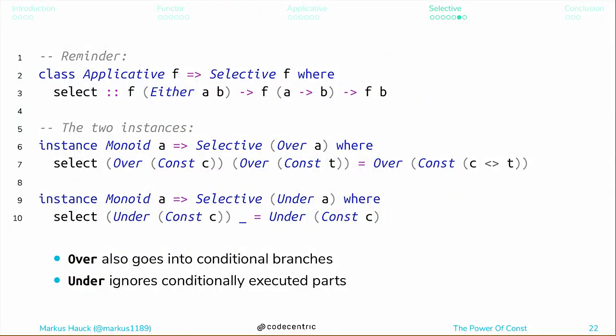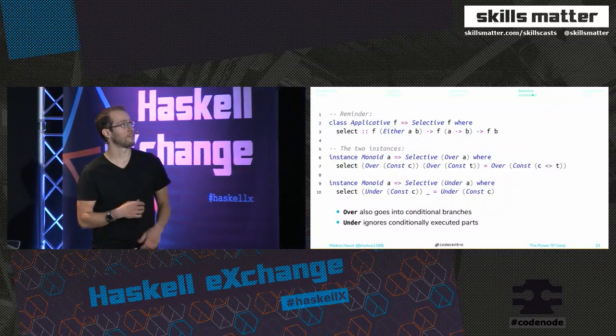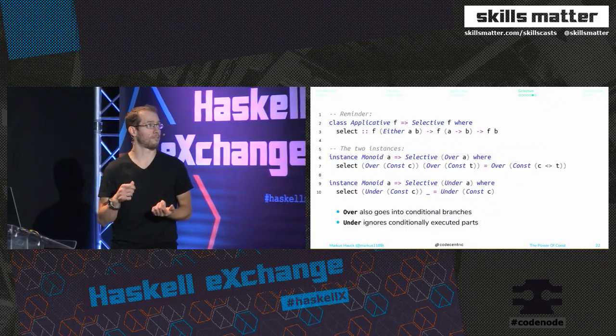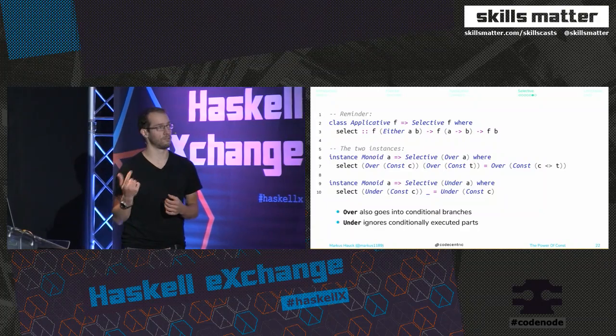We use Over for static over-approximation and Under for under-approximation. So if you think about the type class at the top, we have the first instance Over, and in the select case, the select has an effectful either value and a function from A to B. So it's either a left, then we can apply the function to get a B, or it's a right, and we already have a B, and we can just return it.